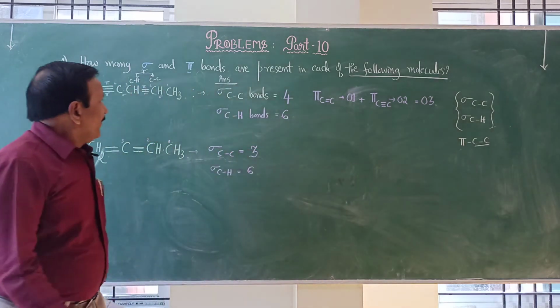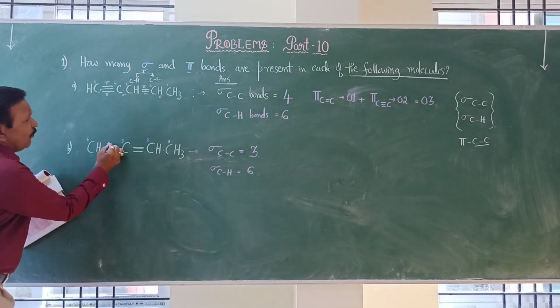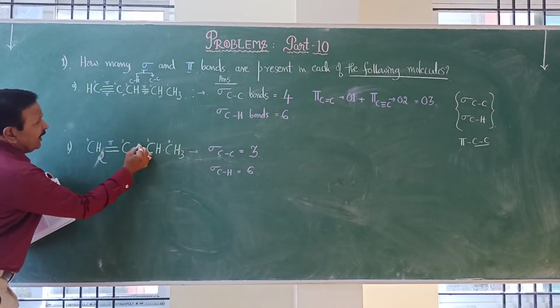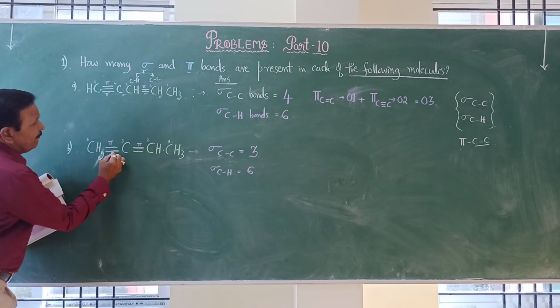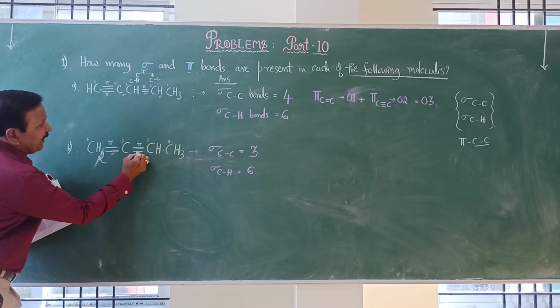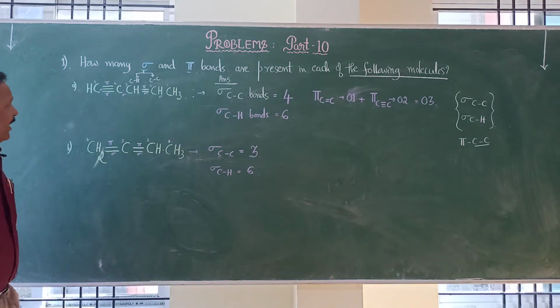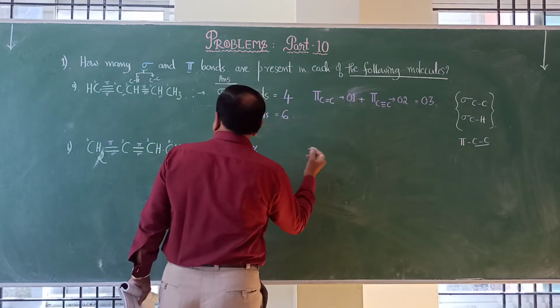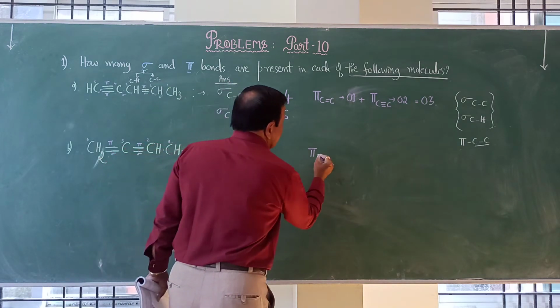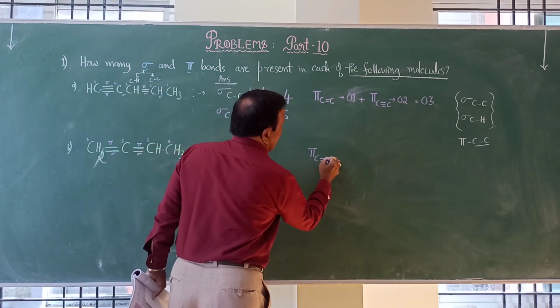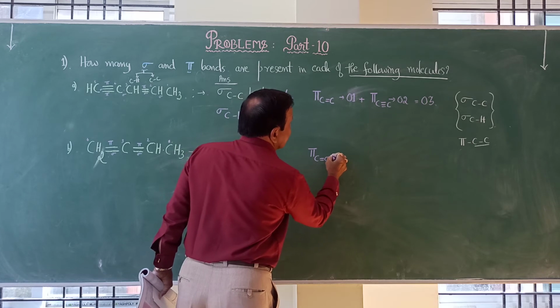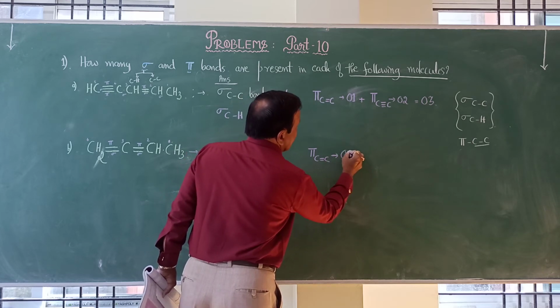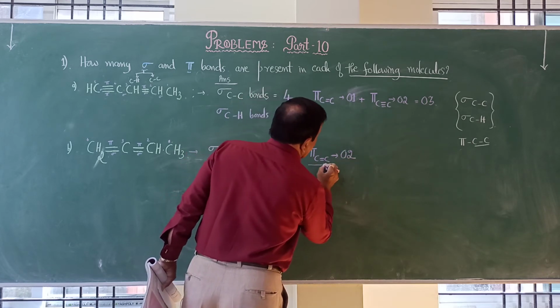And similarly here, 1 pi is here, another pi is here, because this should be sigma, double bond means sigma plus pi. And there are 2 double bonds and hence there are 2 pi carbon-carbon bonds.